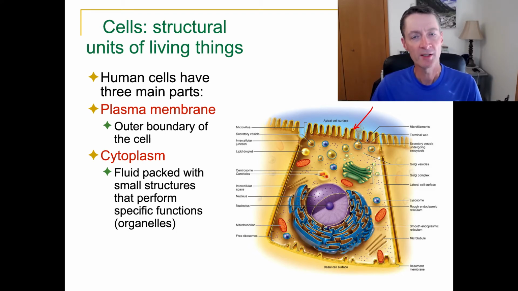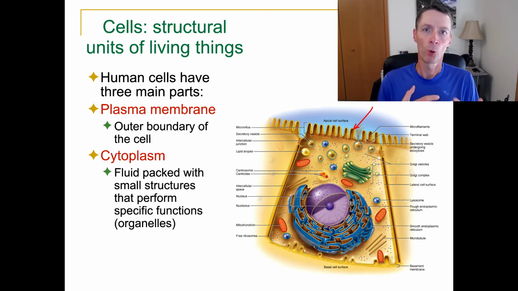But within, we'd see that there's certain structures within this cell. And some of those structures perform certain functions. We call them organelles. So again, in our analogy, we think about the bigger picture of our body. Well, we also have organs inside of us, right? So organelles are doing kind of what organs do for our whole body, right?